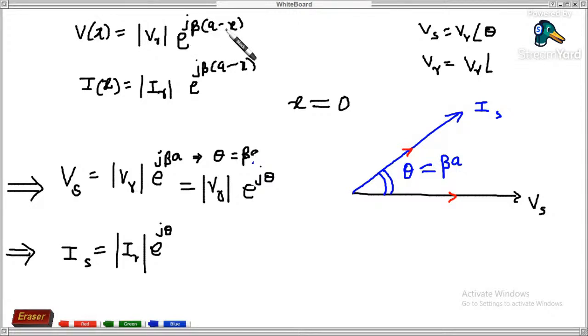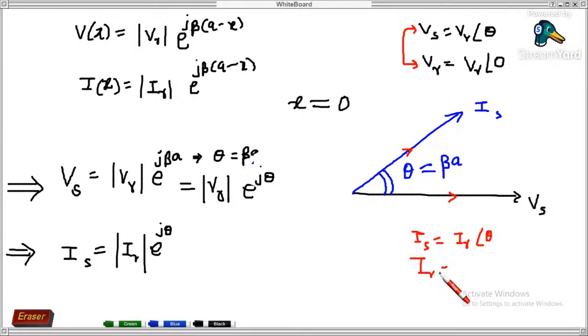Anyhow, angle is 0. Got it? Now look at these two quantities. Similarly for current, if IS is equal to IR at an angle theta, then IR will be equal to IR at an angle 0.